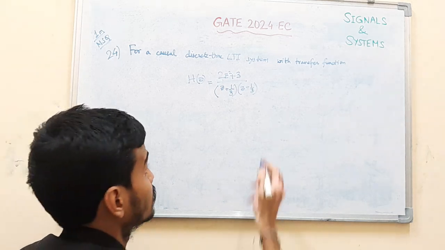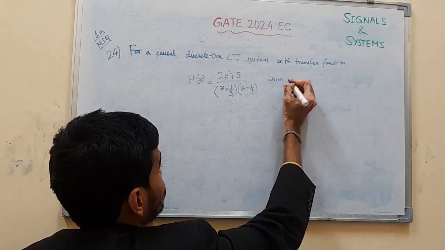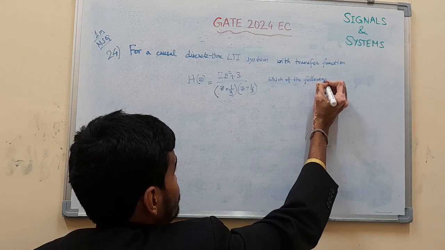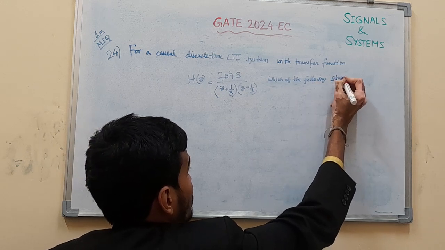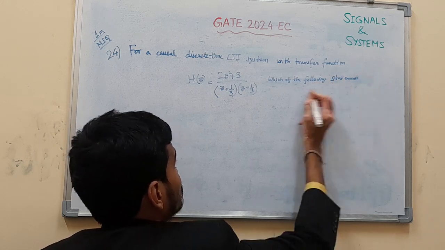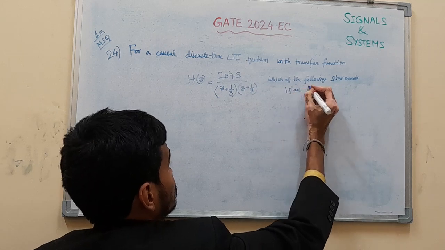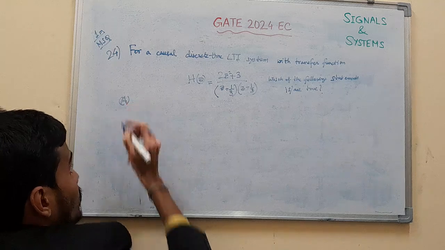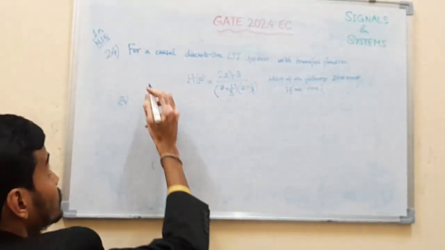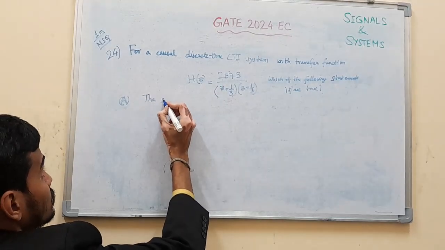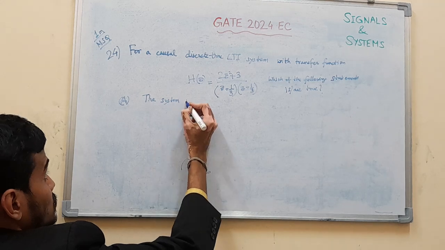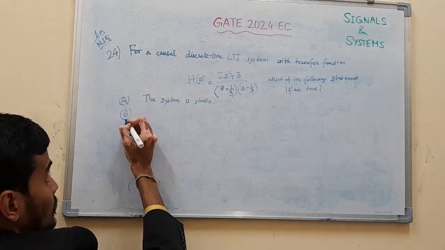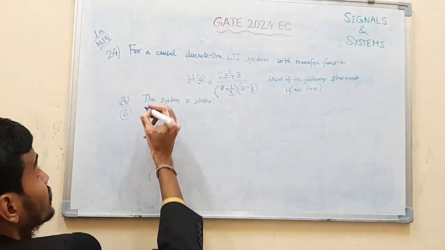Which of the following statements is or are true? Option A, the system is stable. Option B, the system is a minimum phase system.